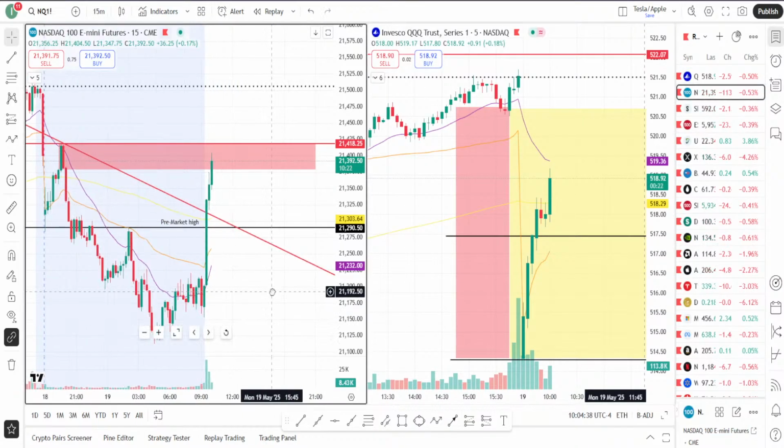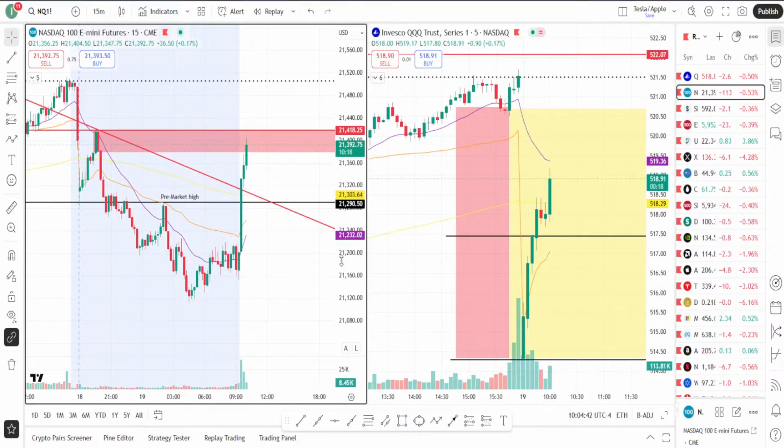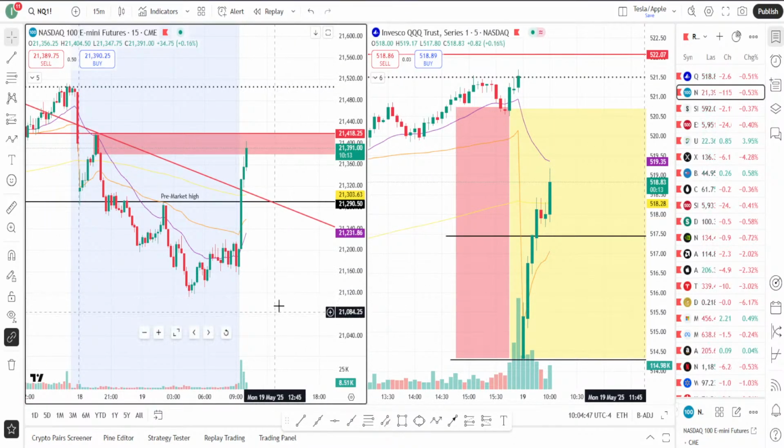She's moving. Crazy open, man. That's a crazy open. I haven't seen the market move like this at open in a long time.